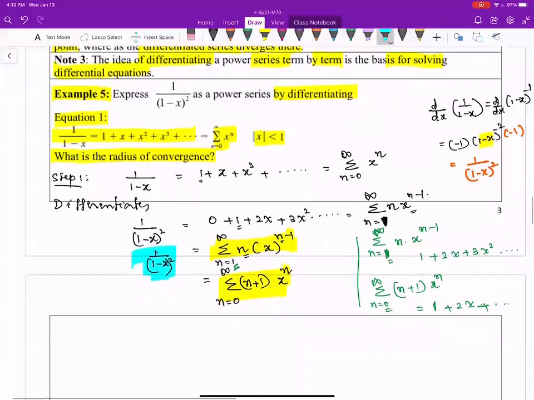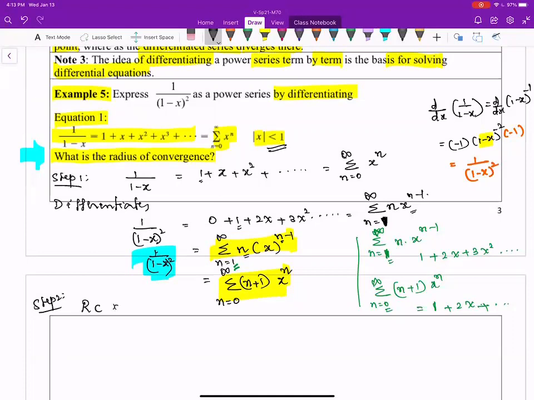What is the radius of convergence? The question is also asking for the radius of convergence. The radius of convergence for this one is exactly the radius of convergence of the original power series. The original power series is the geometric series here, so it comes from absolute value of x less than 1.